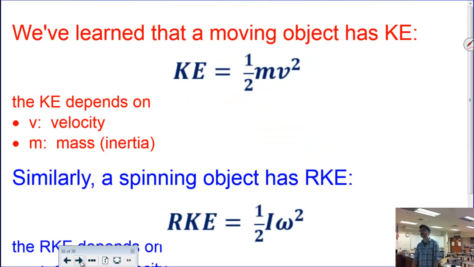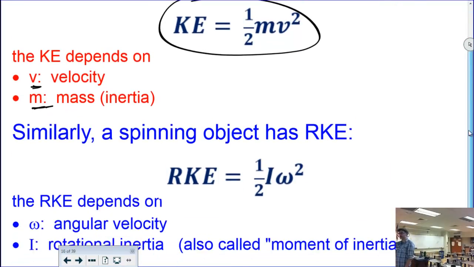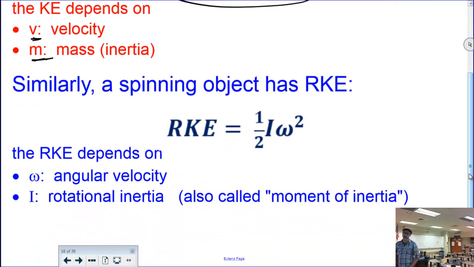So first of all, when we did our chapter on energy, we learned that a moving object has kinetic energy. Right? And that the kinetic energy depended on the velocity of the object and the mass, right, in this equation. All right? So it turns out that similarly, if you've got an object that's spinning, that spinning object has what's called rotational kinetic energy. Okay? So that should hopefully make some intuitive sense, right?